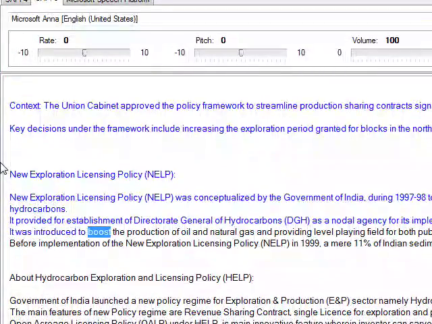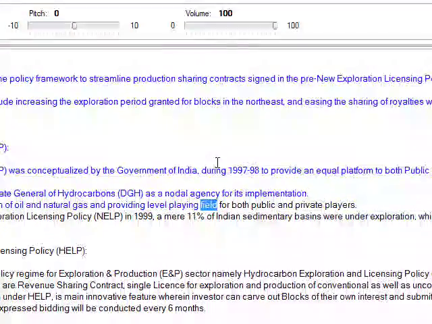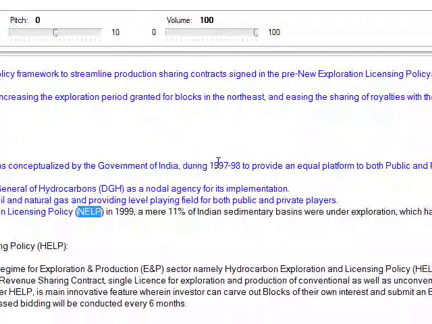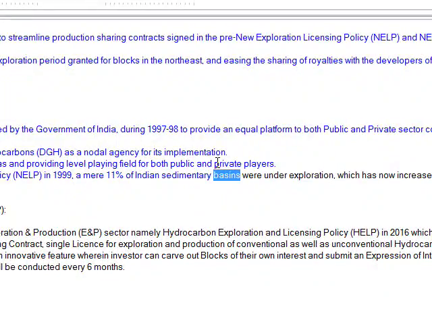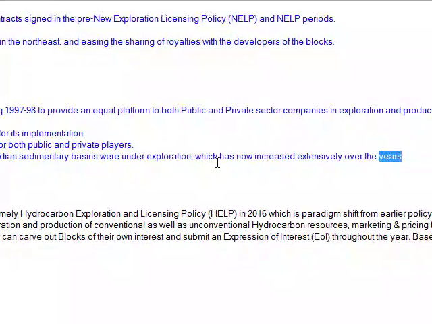It was introduced to boost the production of oil and natural gas and providing level playing field for both public and private players. Before implementation of NELP in 1999, a mere 11% of Indian sedimentary basins were under exploration, which has now increased extensively over the years.